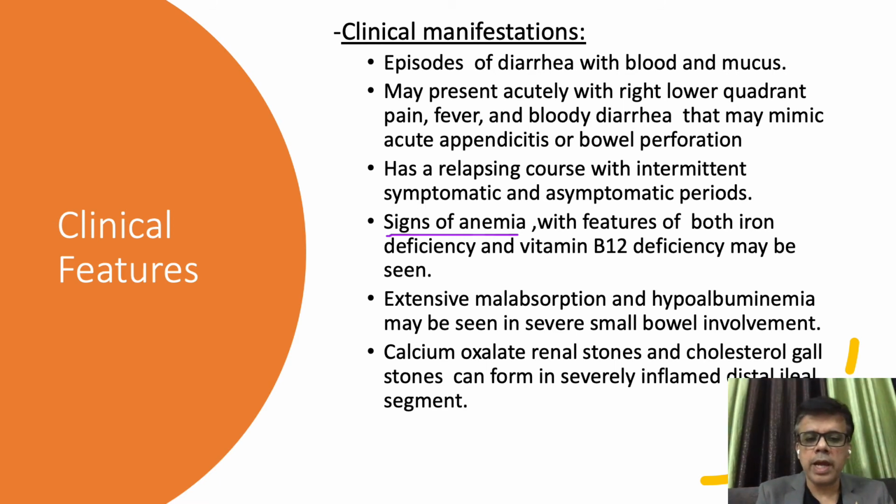Similarly, due to defective bile salt absorption from the ileum, the bile is supersaturated with cholesterol, and that can lead to cholesterol stone formation in the gallbladder. So calcium oxalate renal stones and cholesterol gallstones can form in increased number in patients with Crohn's disease.